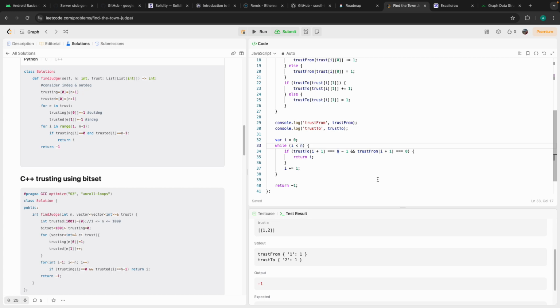Why does 2 have 1, but it should have 0 in this example? 1 and 2. 1 will be increased by 1, 2 will be increased by 1.